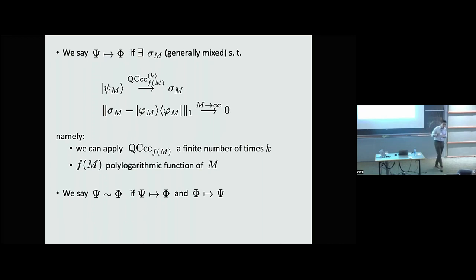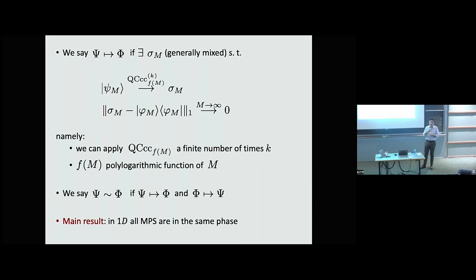We have to force this symmetry by hand, because when it comes to measurement, it's not true that if I can go from one state to the other, the vice versa is true. Trivially, for any state I can measure all the sites, and this gives you the product state, but the converse obviously is not true.